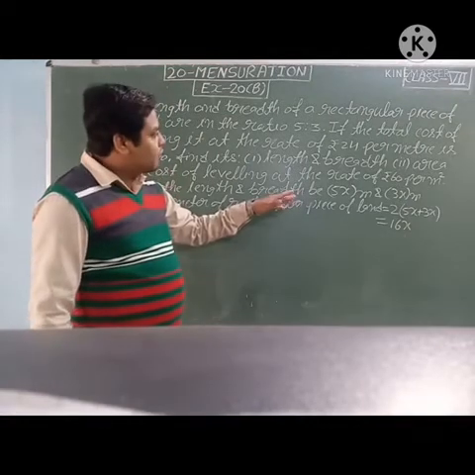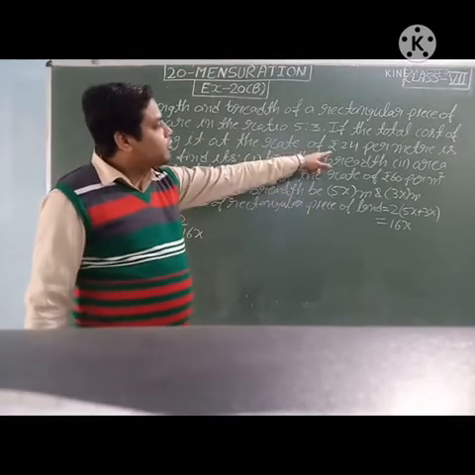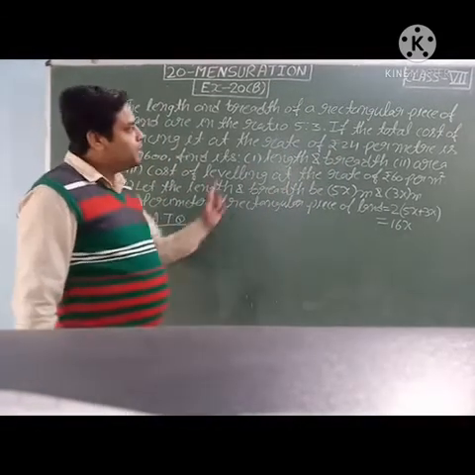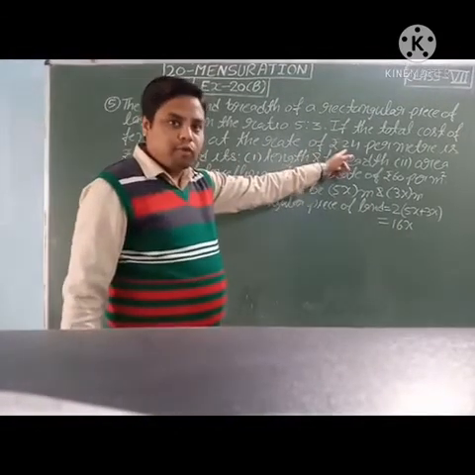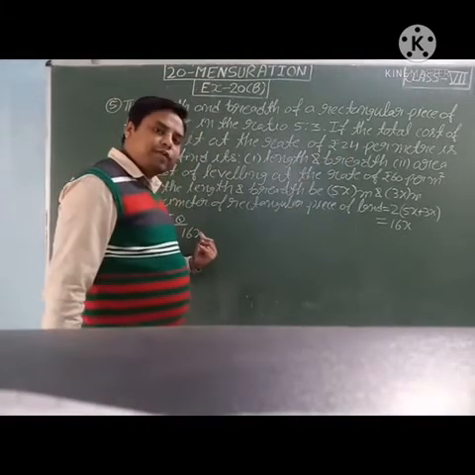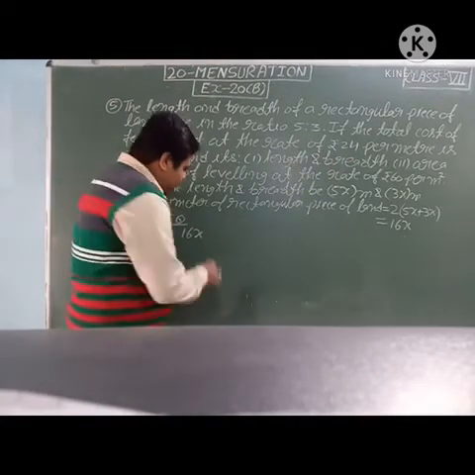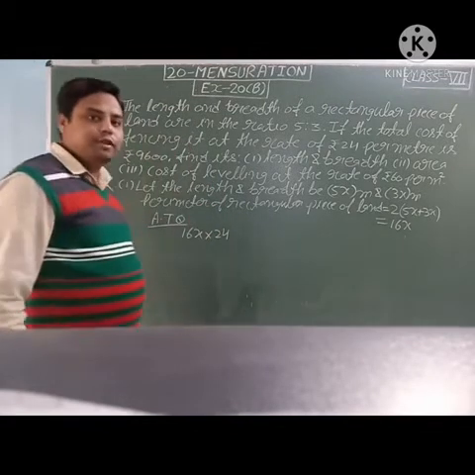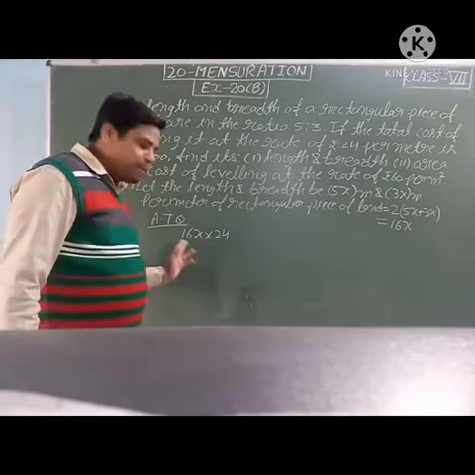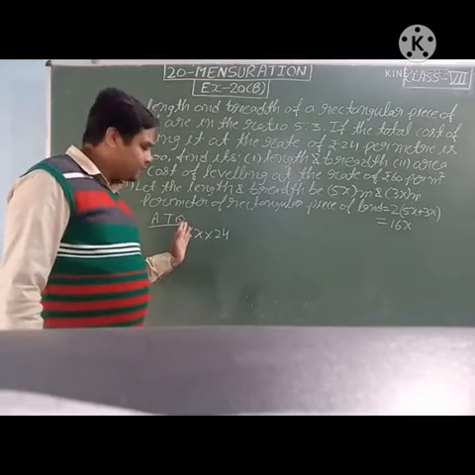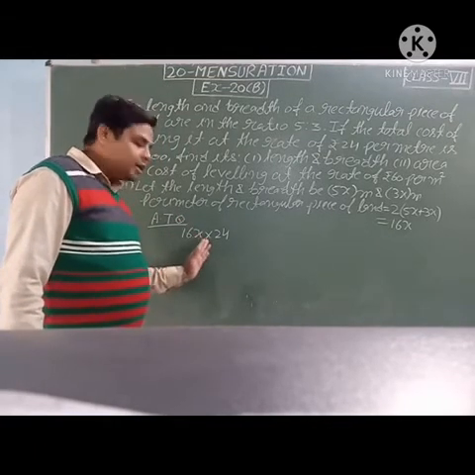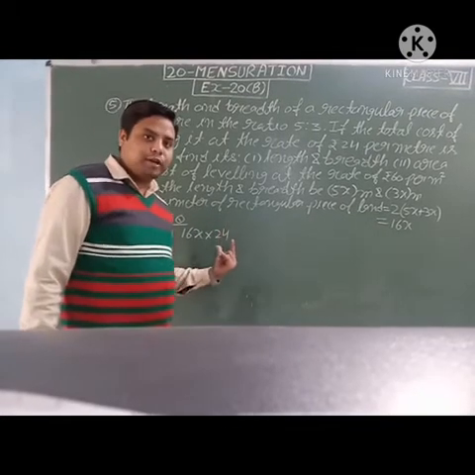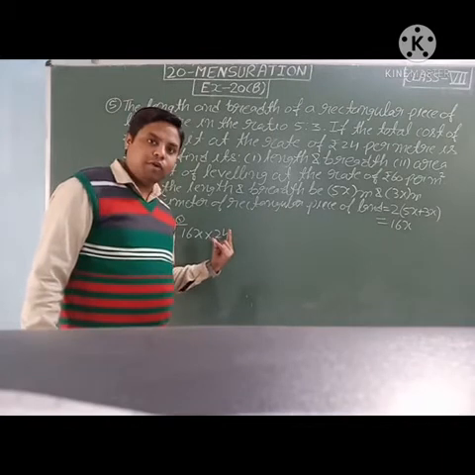The per meter cost is given, so we will fence 16x and 1 meter costs 24. So the total cost of fencing in terms of x is 16x multiply 24. Listen again: perimeter multiply cost per meter is equal to the total cost of fencing.